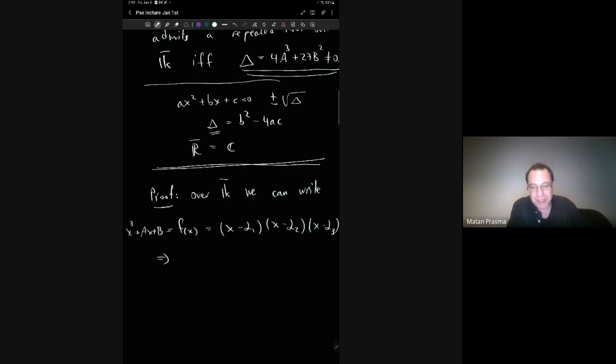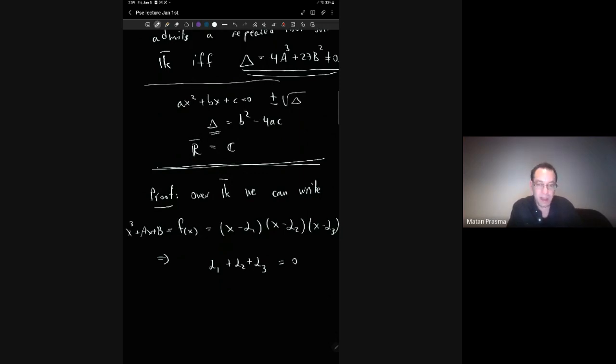The coefficient of x squared is alpha 1 plus alpha 2 plus alpha 3, and this has to be 0.